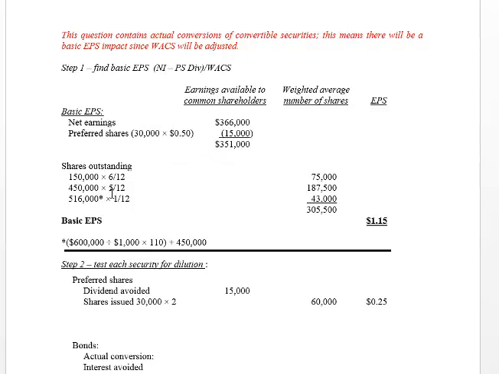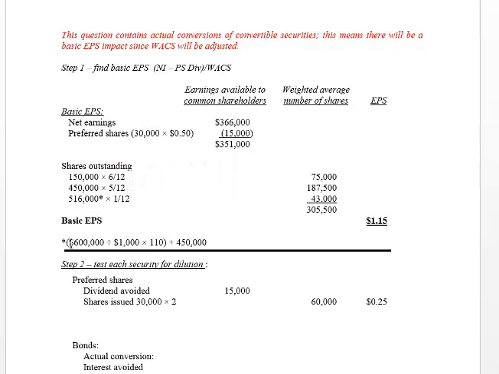Now, it was on December the 1st that they converted all of the bonds, which were 600,000 in bonds, to common shares. So what difference would that make in our WACS? You can see here I've calculated the total number of shares outstanding after the conversion of 516,000. But let's see how I did that.